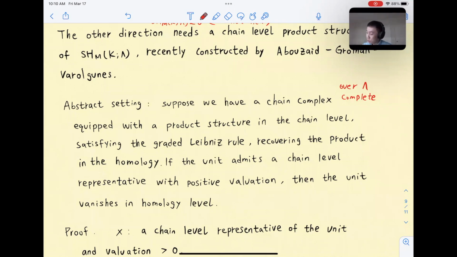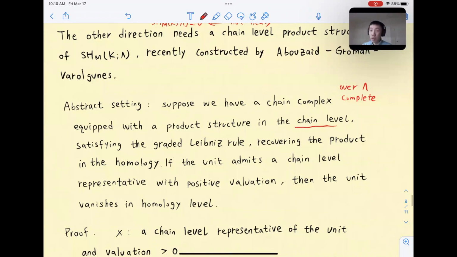We also need to assume this chain level product only increases the valuation, so the valuation of A times B is greater than or equal to the valuation of A plus the valuation of B. This is a compatibility with the T parameter. And we assume it satisfies the graded Leibniz rule, and this chain level product structure recovers the homology level structure.